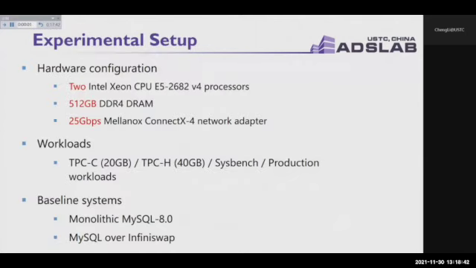Following that, I will show some results from our intensive experiments. We ran the experiments on two machines, each with an Intel Xeon CPU and 512 GB of DDR4 DRAM, and the machines are connected by a 25 Gbps network, using Mellanox ConnectX-4 with RDMA enabled.